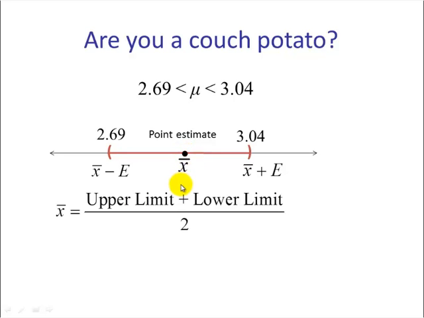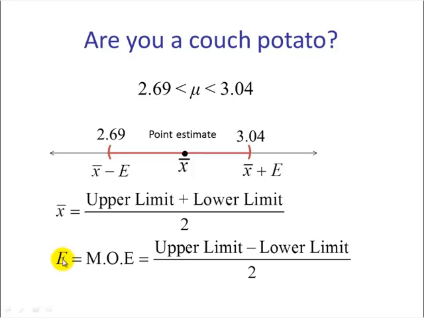If we take our upper limit, which is x bar plus e, and add our lower limit, which is x bar minus e, we would have x bar plus x bar, and then a positive e and a negative e. They would cancel, so we're left with 2x bar. So 2x bar divided by 2 gives us x bar.